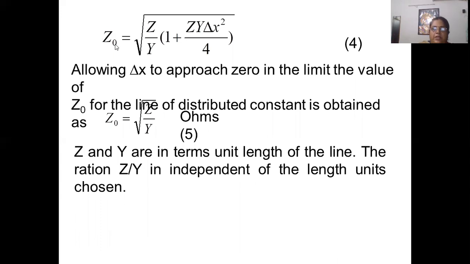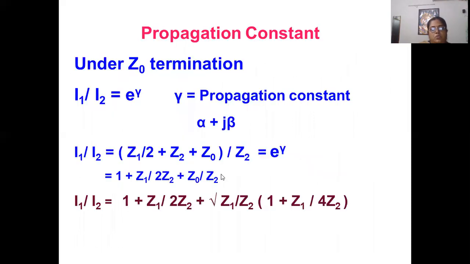Here we have taken the characteristic impedance for the transmission line where del x approaches 0 in the limit, and Z0 for the line of distributed constants is obtained as the square root of Z upon Y. Z and Y are in terms of unit length of the line, and the ratio Z upon Y is independent of the length unit chosen.